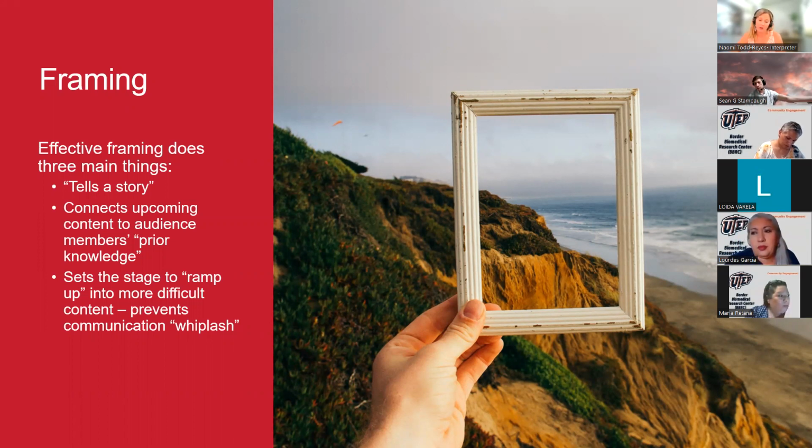And so what you want to do with framing is you want to connect the upcoming content of your training, in this case, how to do a training, with your audience members' prior knowledge.